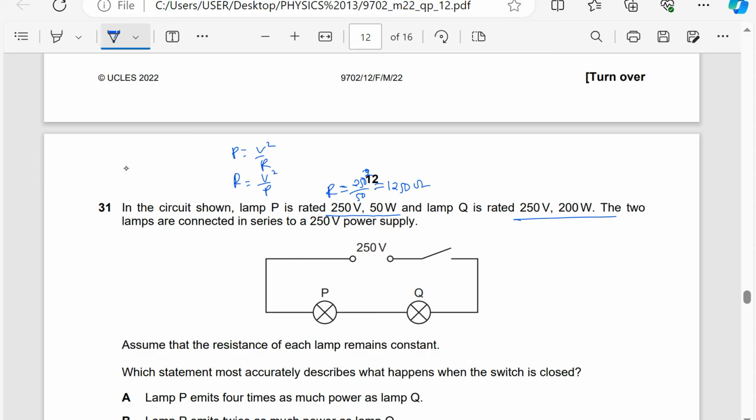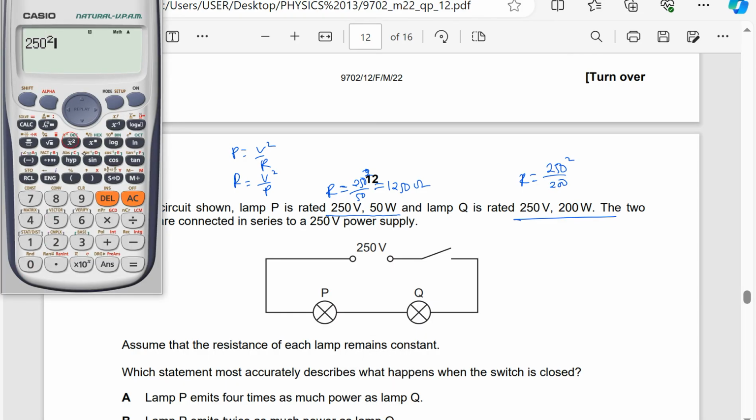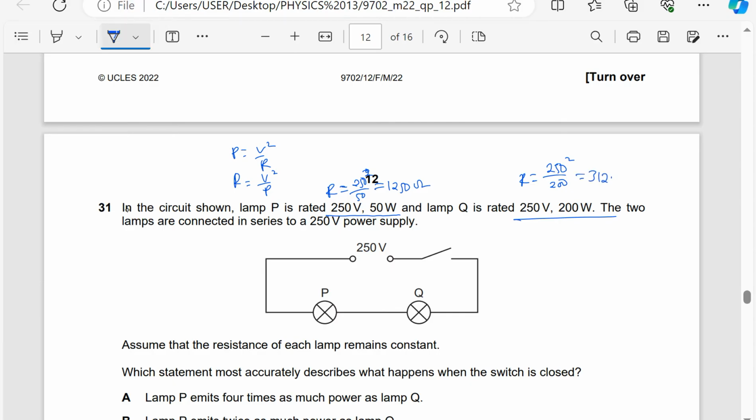Then lamp Q is rated at 250 volts, 200 watts. So the resistance here is going to be 250 squared over 200, which is equal to 312.5 ohms.